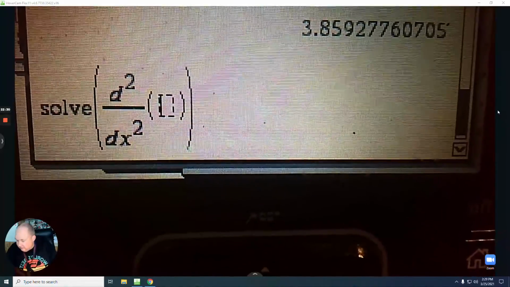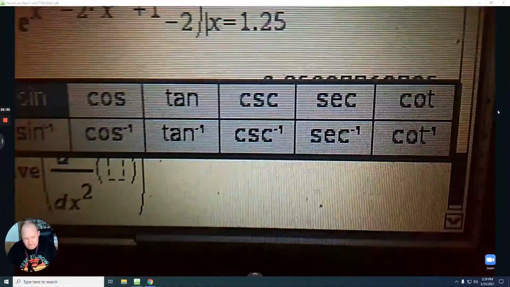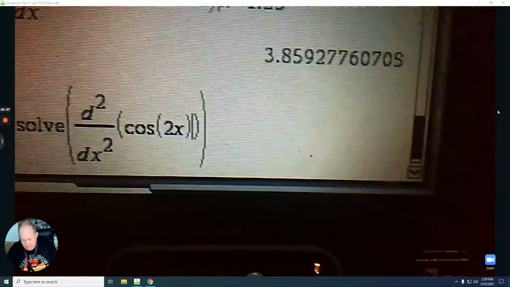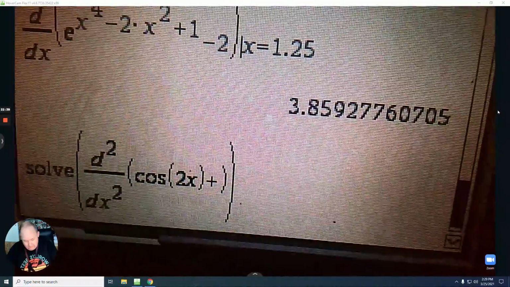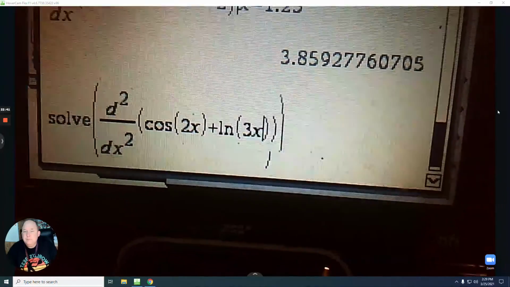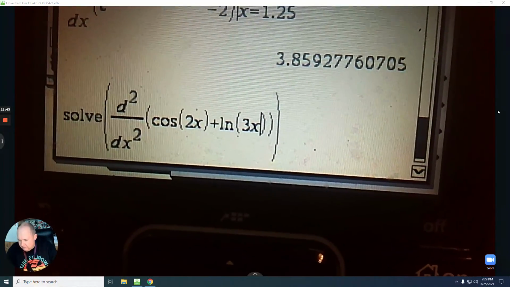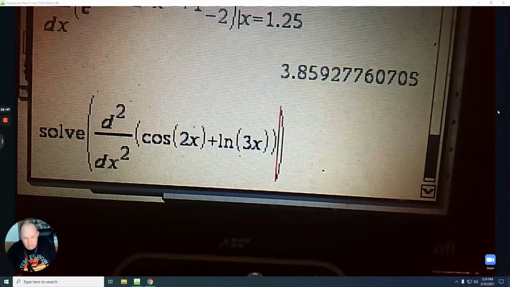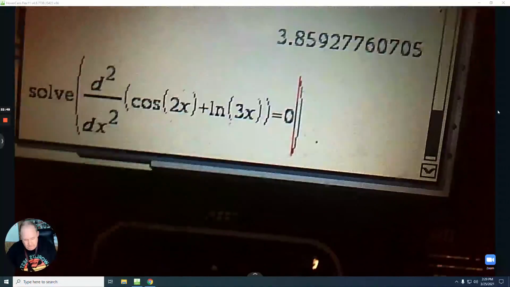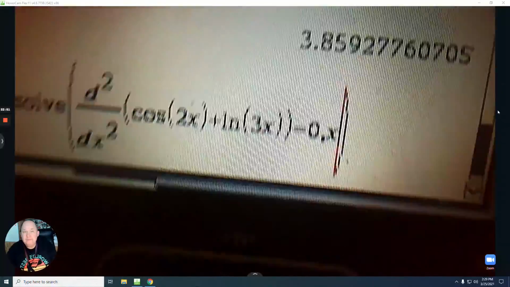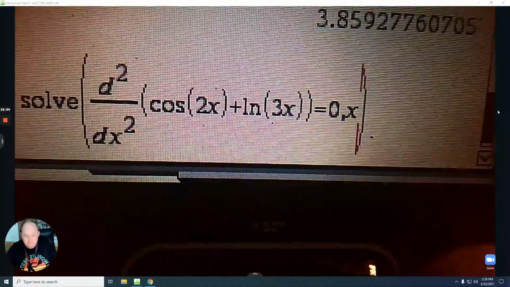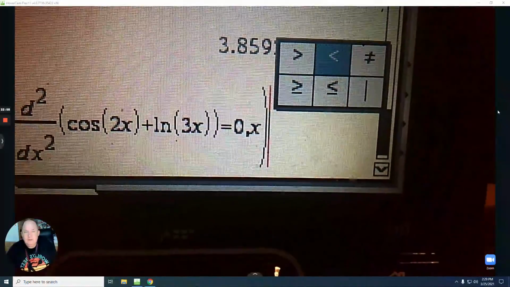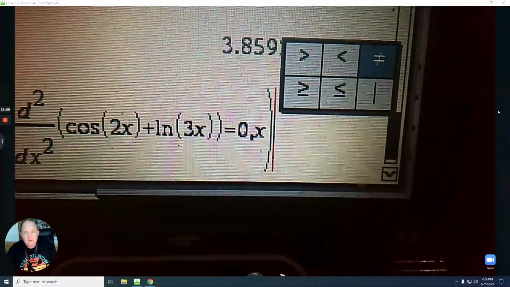It's cosine 2x. And plus ln 3x. Double check, did I type it in right? Cosine 2x plus ln 3x. Beautiful. We want to make it equal to 0. We want to go comma x to solve it. And then I needed a restriction because it's trigonometric.